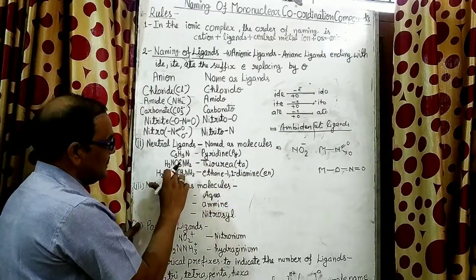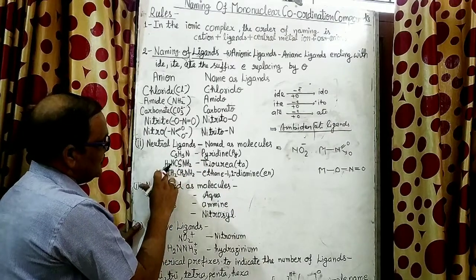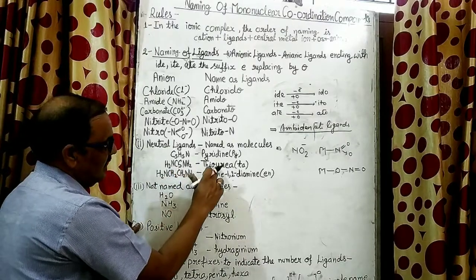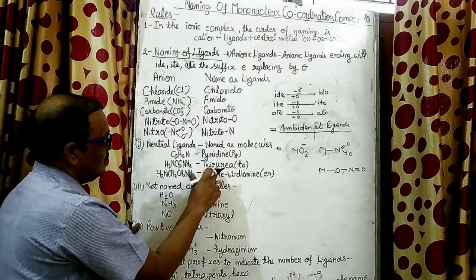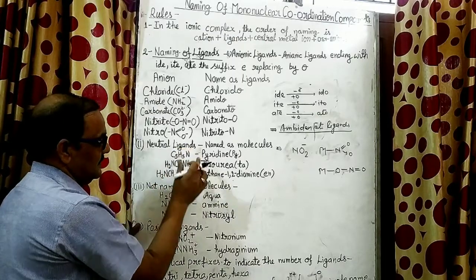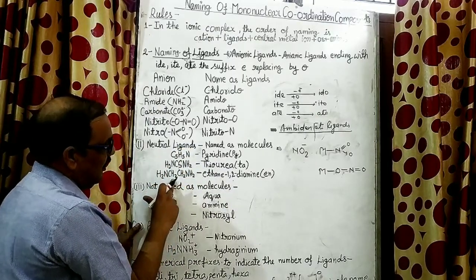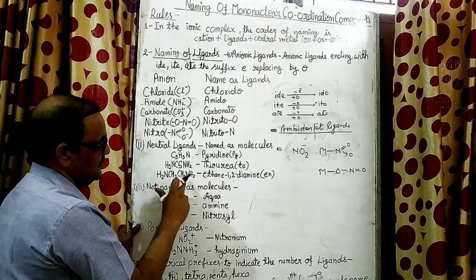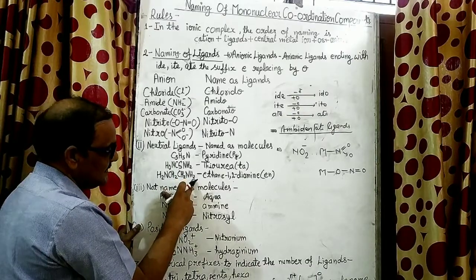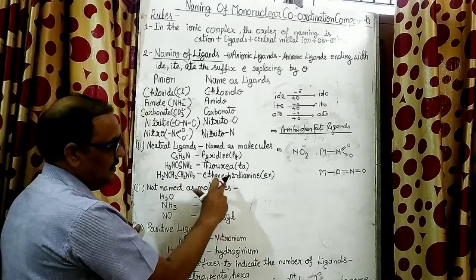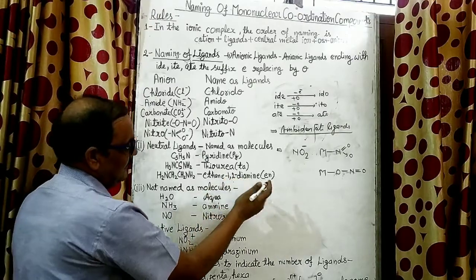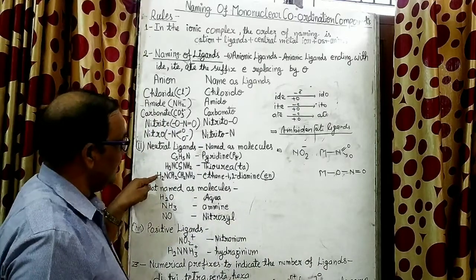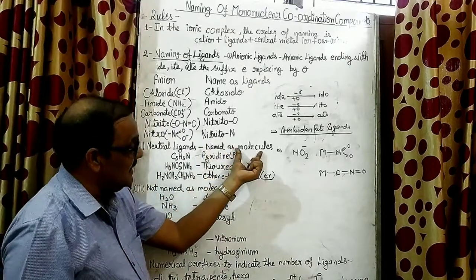And next example is H2NCSNH2, that is thiourea. It also behaves as a neutral ligand. And next is an important neutral ligand, NH2CH2CH2NH2, and this is ethane-1,2-diamine, and the abbreviated form is en. So these are the neutral ligands which are named as a molecule.